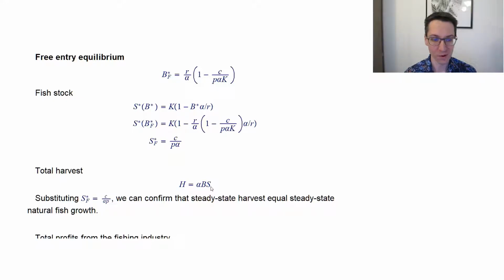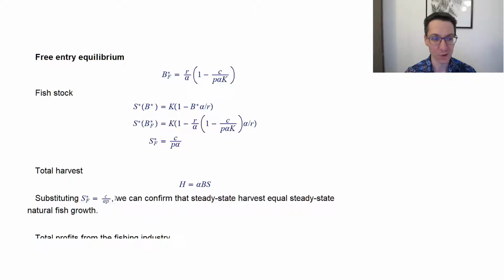And of course, the higher the cost of fishing, the higher the stock because there's going to be fewer boats. The higher the price of a fish, the lower the stock because more boats will want to fish, and with better technology, more fishing boats will try to catch fishes as well and will be successful at it.